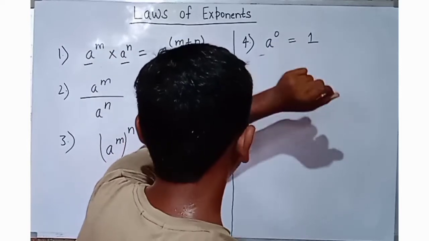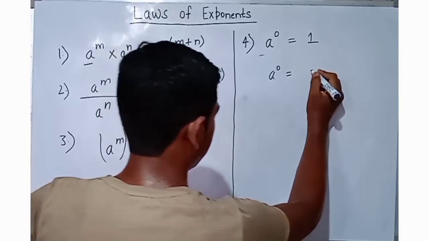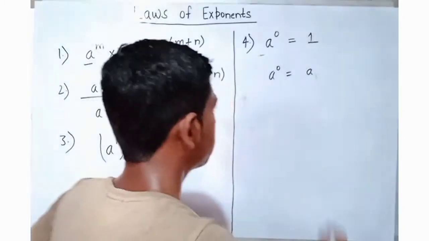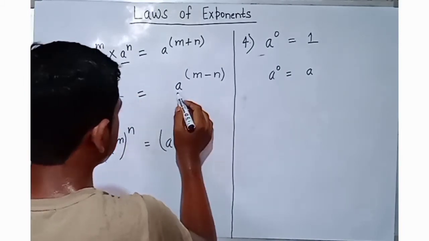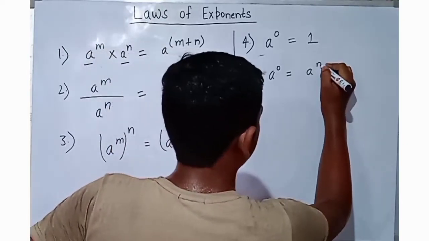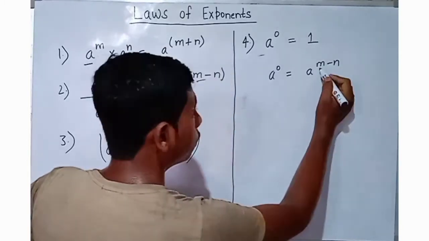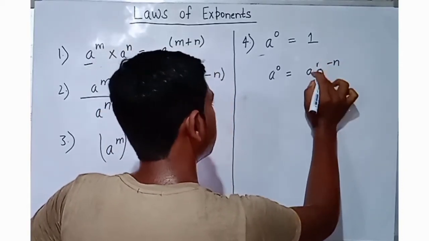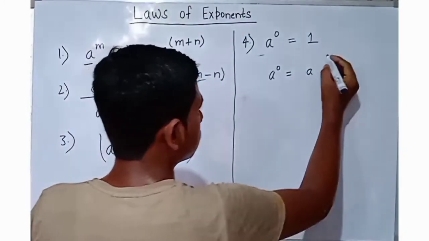A to the power 0 can be written using a to the power m minus n, and for 0 we will have to make the exponents the same. You can take either m or n, so I'm taking n here.